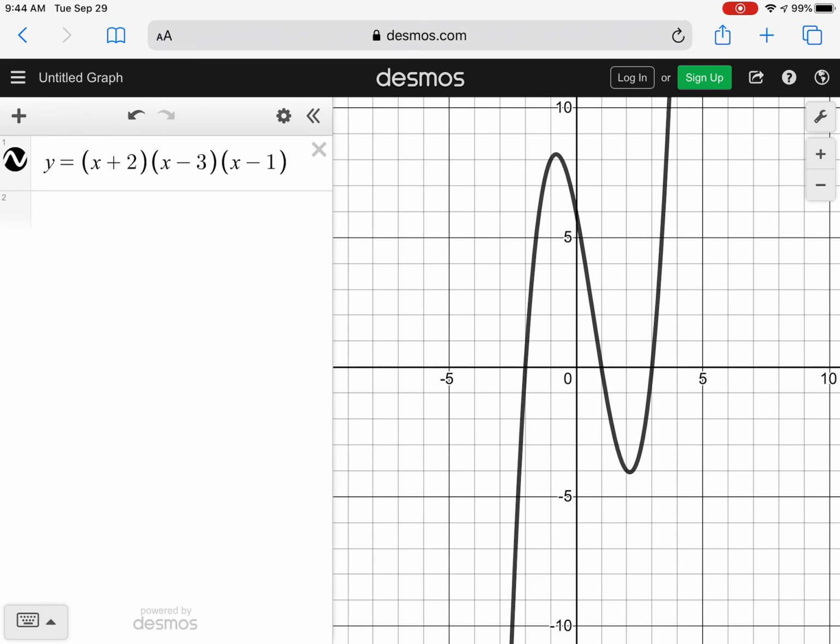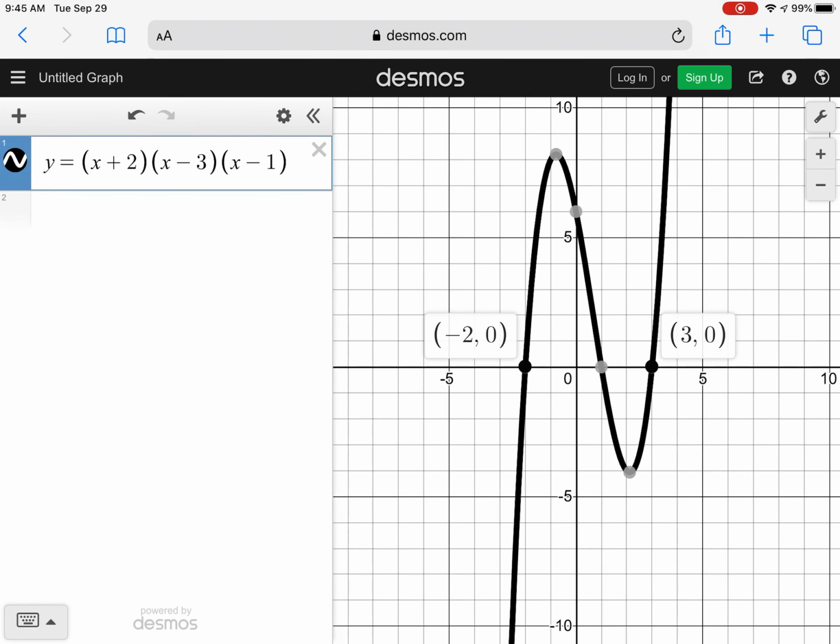And remember, the x-intercepts are the opposites of the factors. So if the factors are x plus 2, x minus 3, and x minus 1, then you would expect the x-intercepts to be the opposite, which is x is equal to negative 2, which you can see on the graph. That's one of the x-intercepts. Positive 3 is an x-intercept, the opposite of x minus 3. And you can also see if x minus 1 is a factor, you would expect positive 1 as an x-intercept.